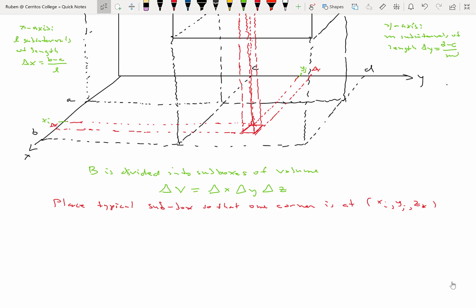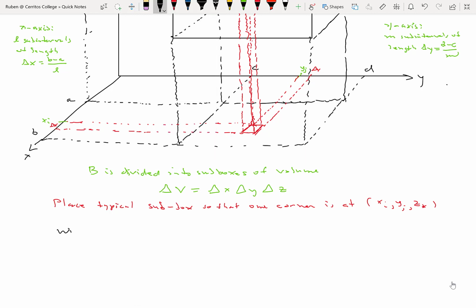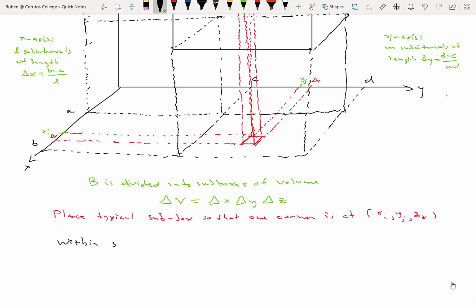Within that one sub-box, I'm going to choose a point randomly: x sub ijk star, y sub ijk star, z sub ijk star.